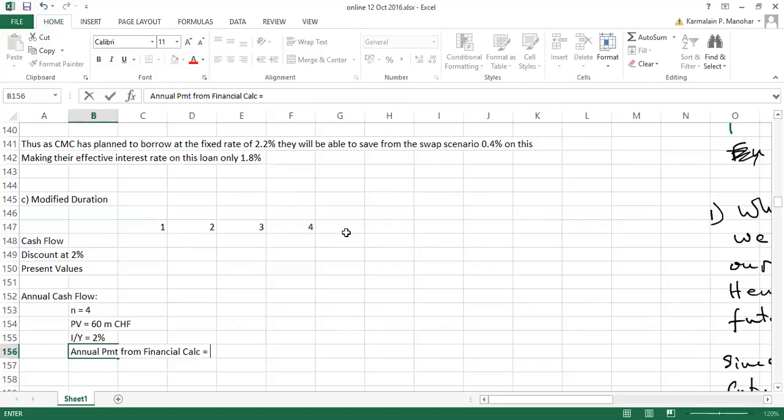If I did 0 as the PV and now 60 as the FV, compute payment, yeah, that gives me a different value. So we have it right. So once we punch those in and we press compute payment, we will now get something very close to the answer.